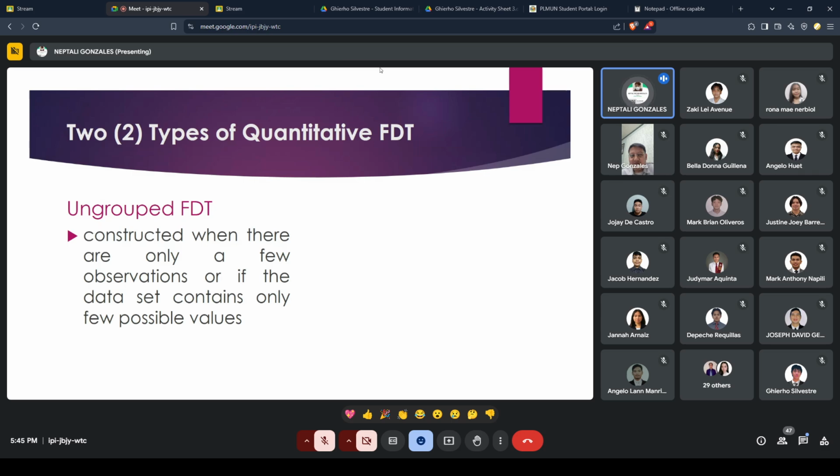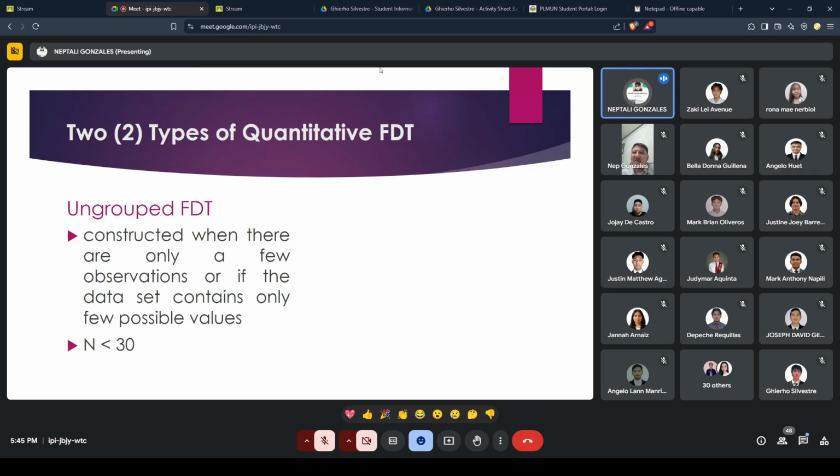The ungrouped FDT is constructed when there are only a few observations or if the data set contains only a few possible values. As I have said earlier, you will only use the ungrouped FDT if the number of observations is less than 30.